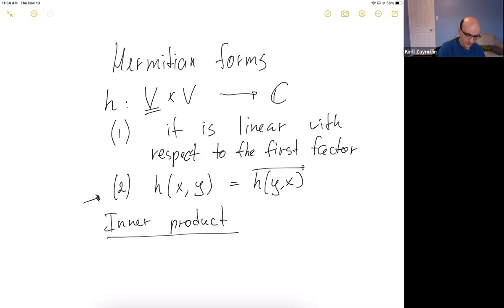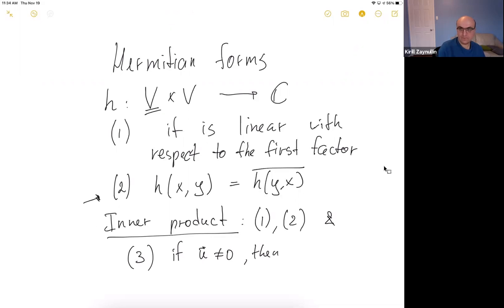So to get an inner product, one just needs to have conditions 1 and 2, and the third condition, which says that if vector u is non-zero, then if I apply this Hermitian form to the same vector u, I'll get something strictly greater than 0.